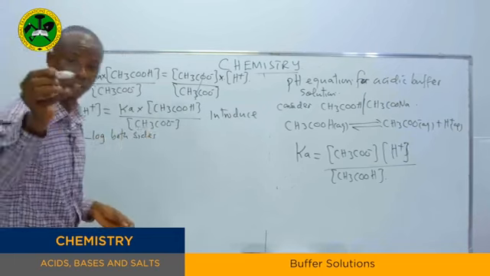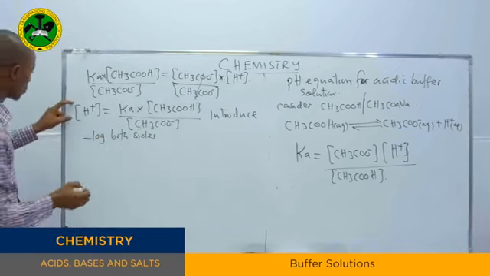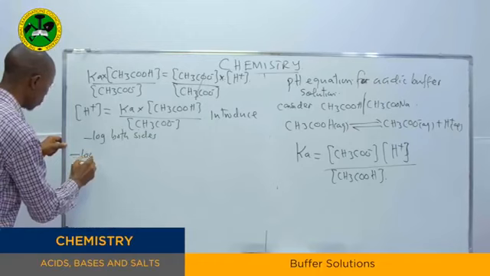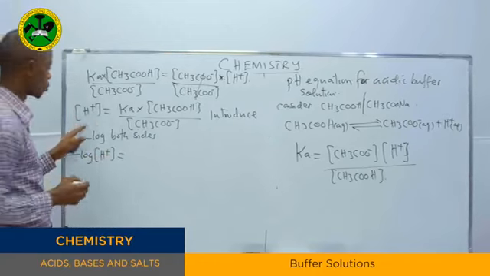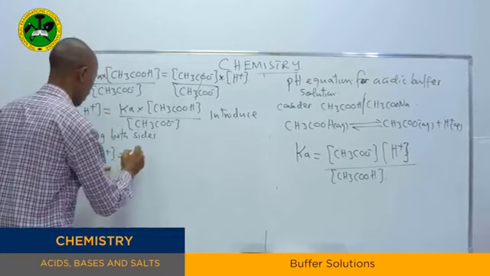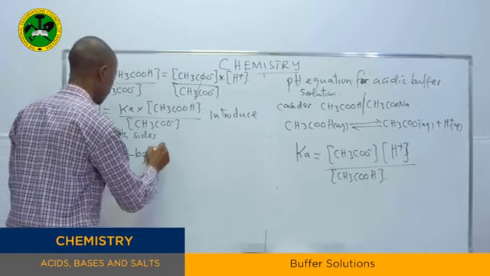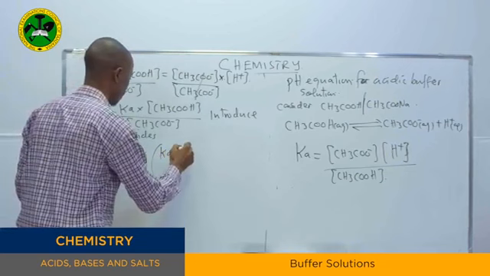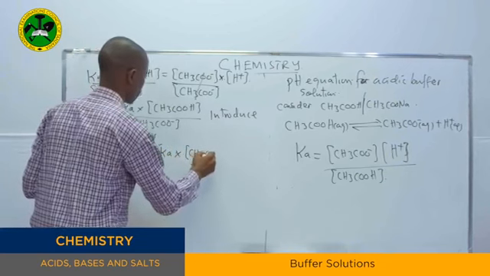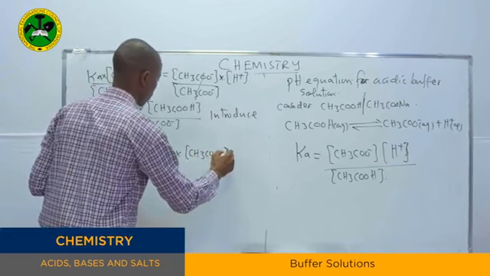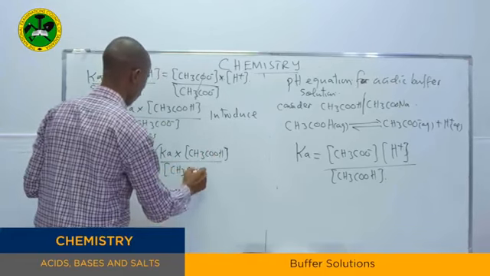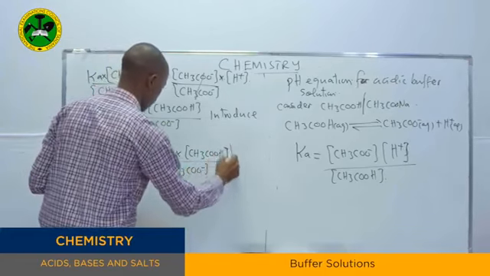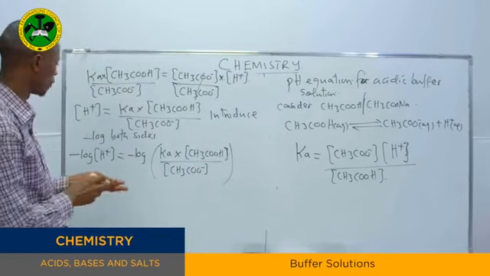If you introduce negative logarithm on both sides, you're going to have the following. On this side, negative logarithm of hydrogen ion concentration equals negative logarithm of the bracket. So it is very simple.